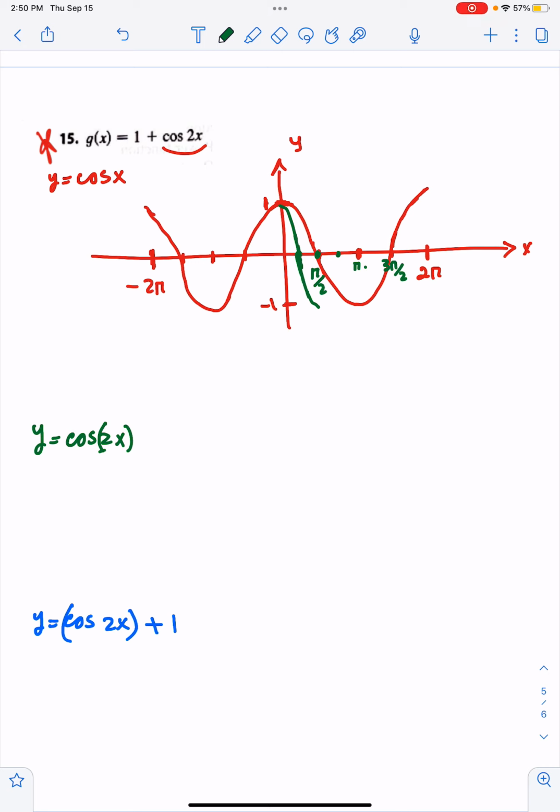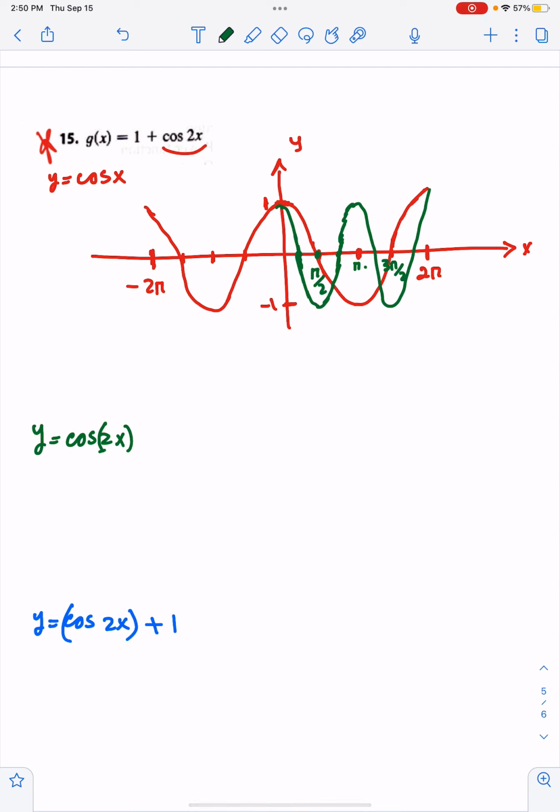Then you would have it up again, and then at pi you are reaching 1 again. Since this is a periodic function, you may continue the graph, and again, it's repeating itself.